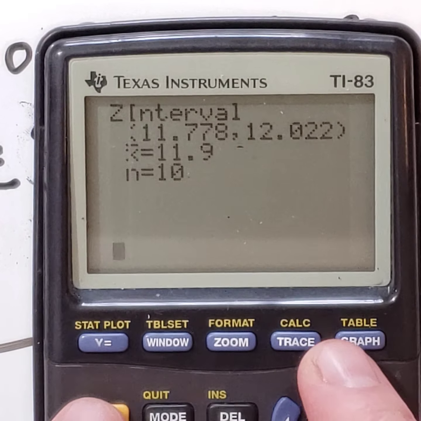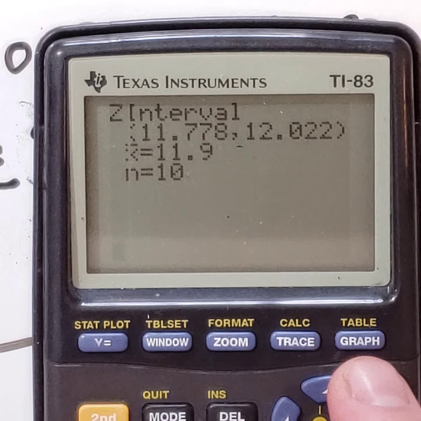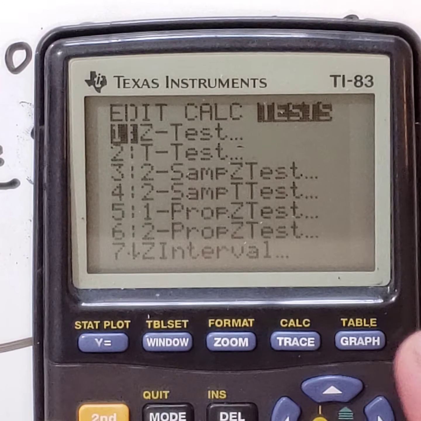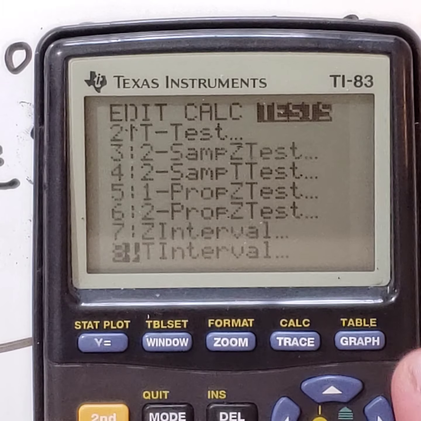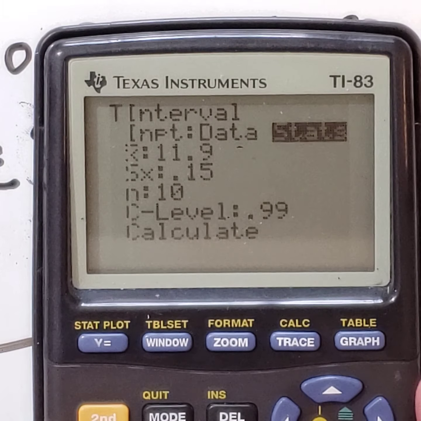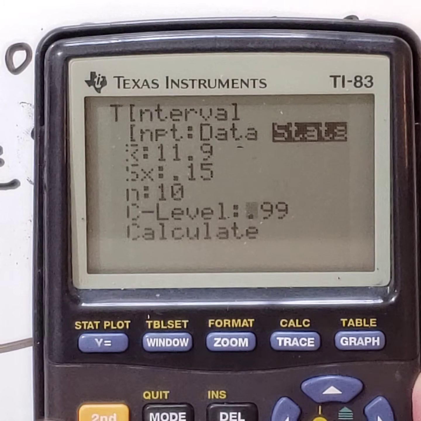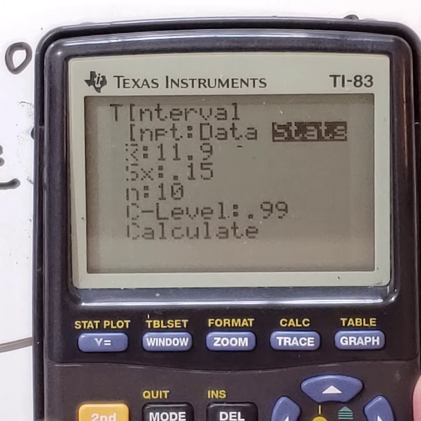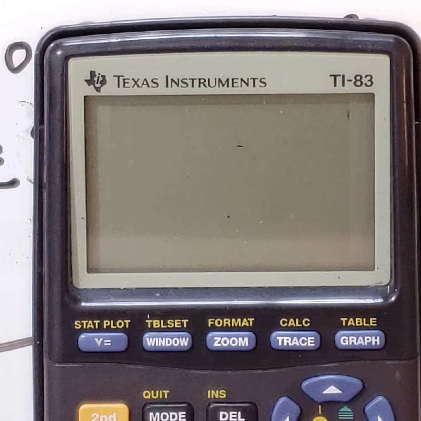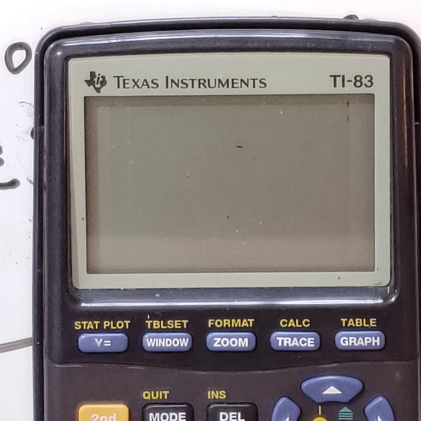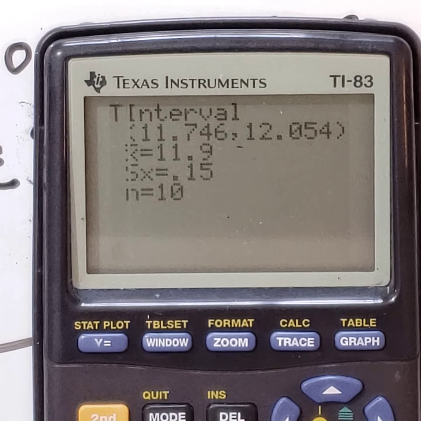Let's do that again with the t-interval. 11.9, standard deviation of 0.15, sample size of 10, and confidence level of 99. Taking a long time.